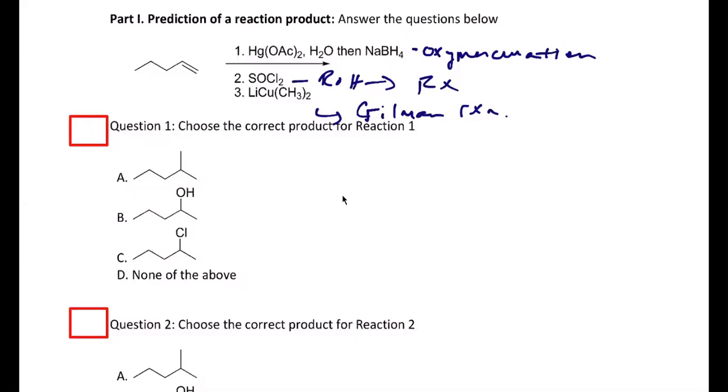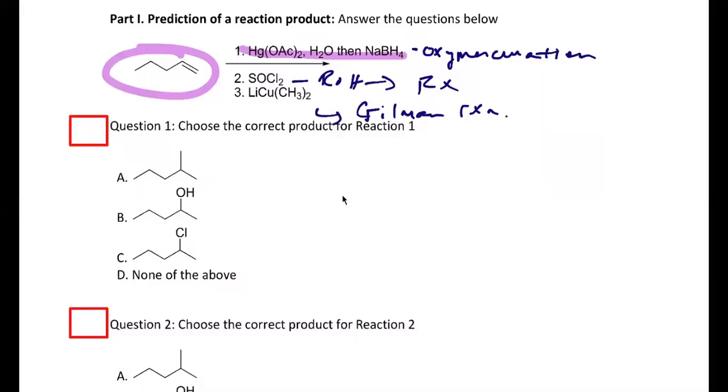We did it when we did the pre-existing stereo centers too. I'm not gonna go over it, but for the sake of time, we're gonna pick the right answer. So oxymercuration is a way to make alcohols from alkenes. Right? We started with an alkene.